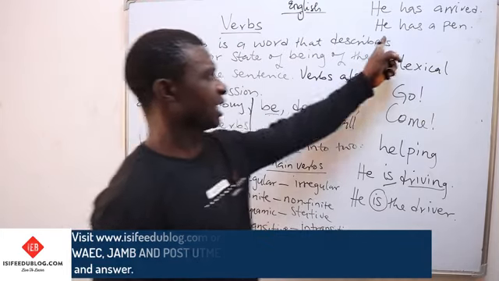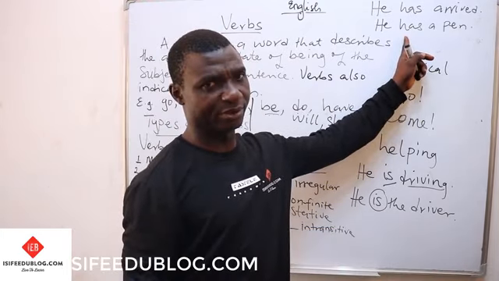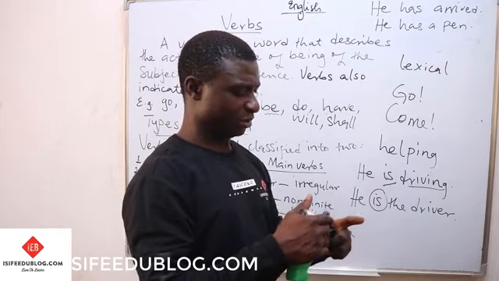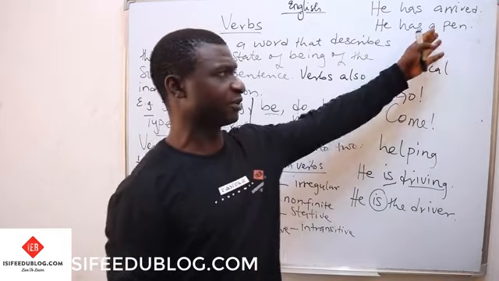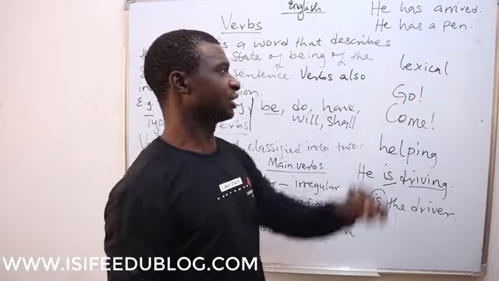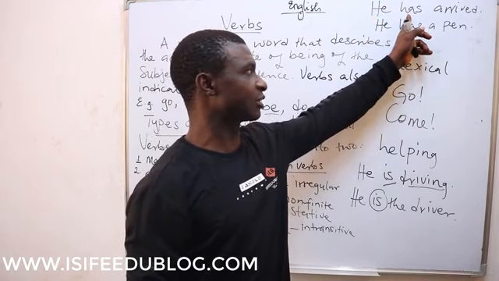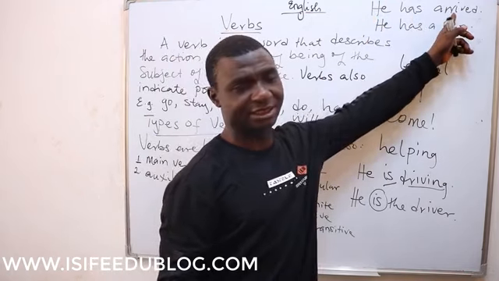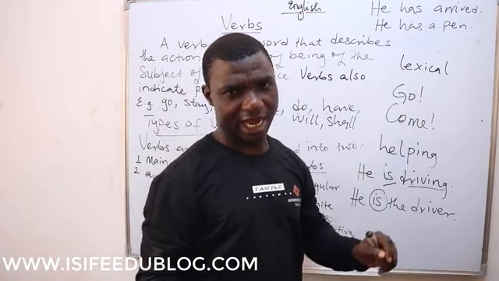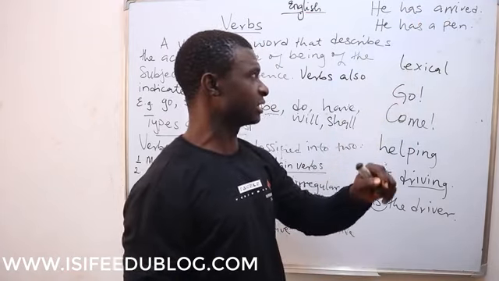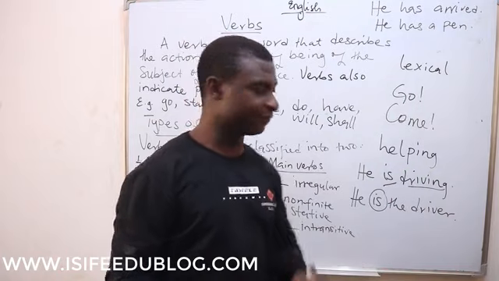Right? Here, has is the only verb, therefore indicating ownership of the pen. In "He has arrived," has is an auxiliary verb assisting the main verb arrived. So you see here it is auxiliary, here it is main verb.